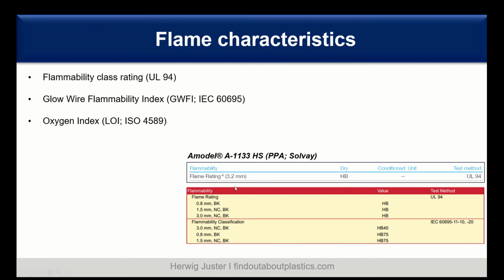There are also the so-called yellow cards from UL, where different thicknesses are measured and then the flammability ranking is made. So in this case we always have an HB ranking.